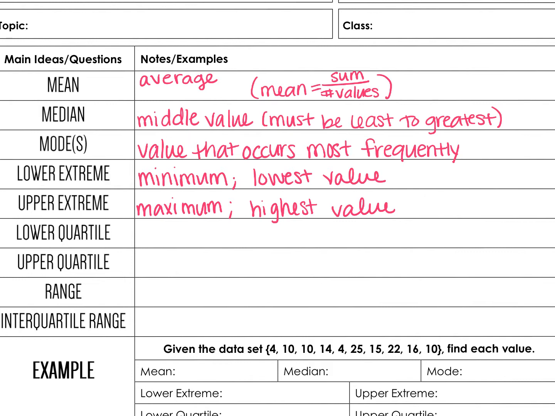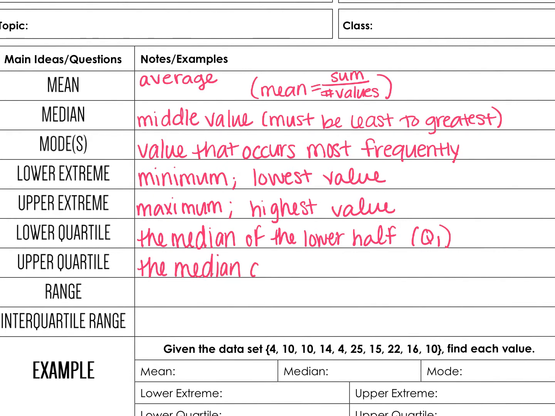We've got the lower quartile, which is the median of the lower half of the data. This is sometimes called the first quartile or quartile 1. The upper quartile is the median of the upper half of the data set.